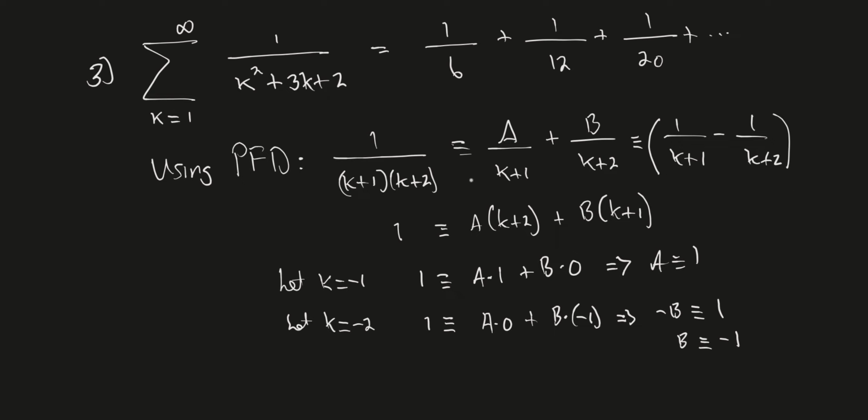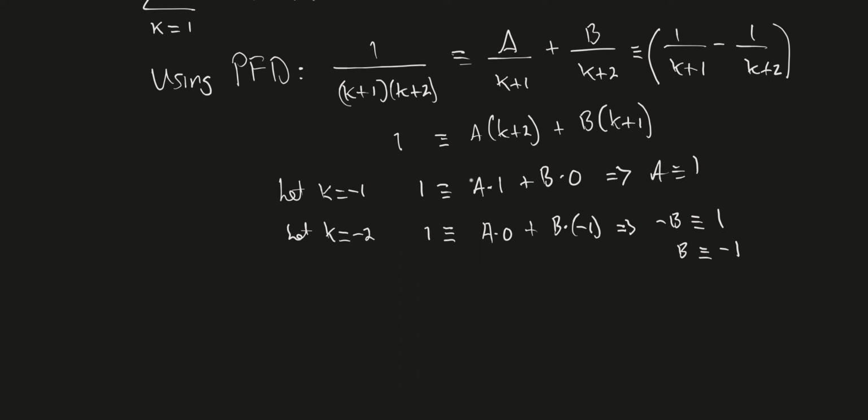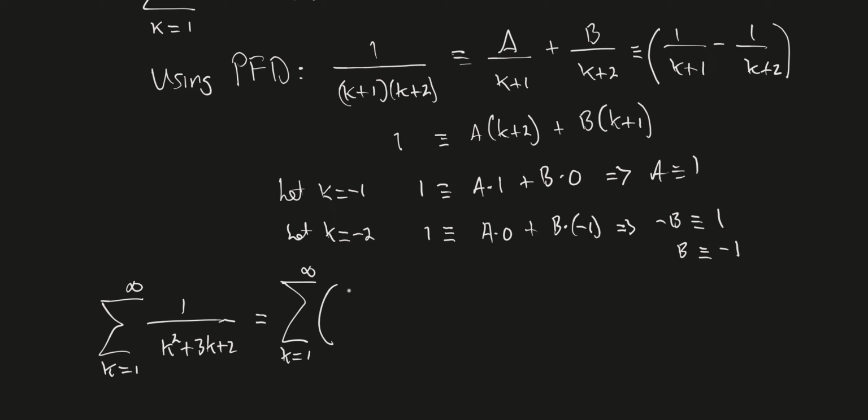So then I think we see where this will work. Let me write down the original series. So the sum from k equals 1 to infinity of 1 over k squared plus 3k plus 2. Using our partial fraction decomposition, that's the same as this series: 1 over k plus 1 minus 1 over k plus 2.